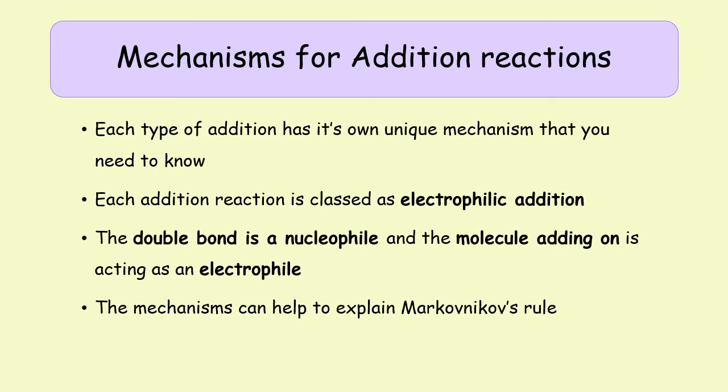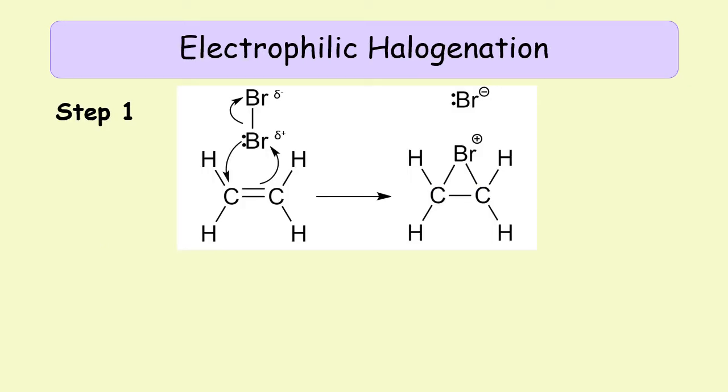It's going to prefer bonding to positive or partially positive things, which means anything adding on to this double bond must be an electrophile that likes that electron density. The mechanisms will also help you understand Markovnikov's rule in better detail. So the first one we're going to look at is electrophilic halogenation.